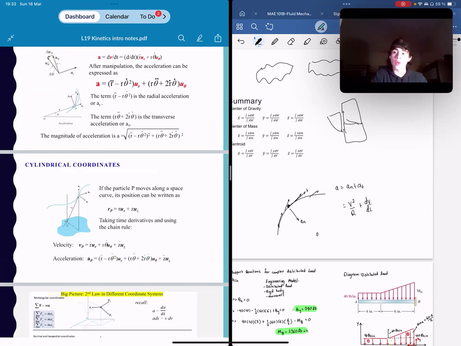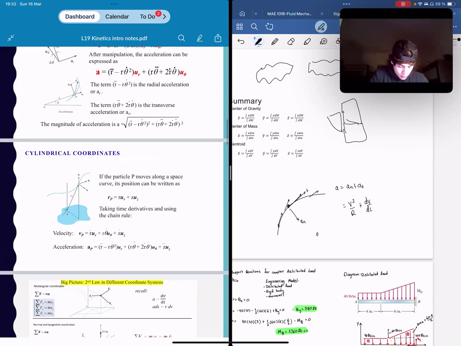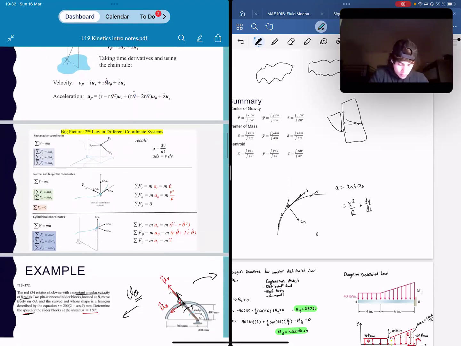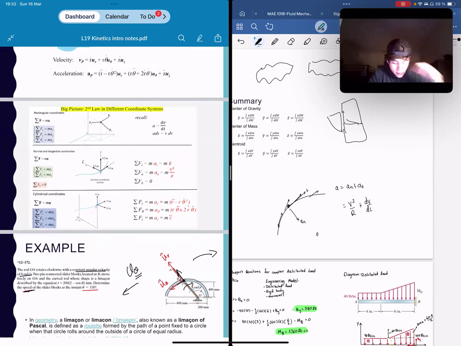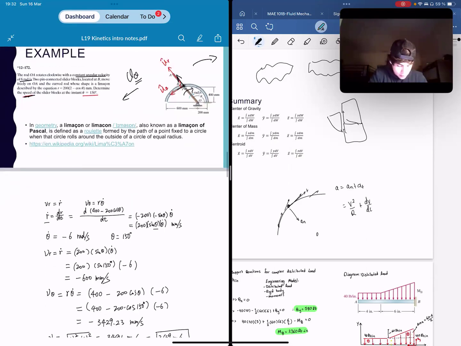But in the homework, we did do a derivation for the equation of the radius that is mostly a function of an angle, right? If the radius is constant, right? That's what it means. And this is the big picture, the main takeaway from this lecture.